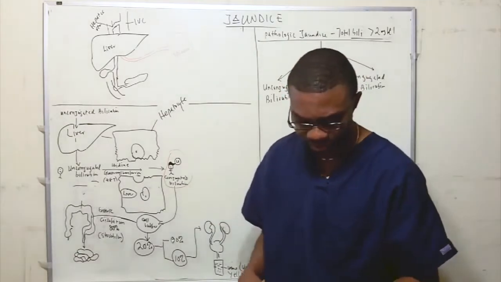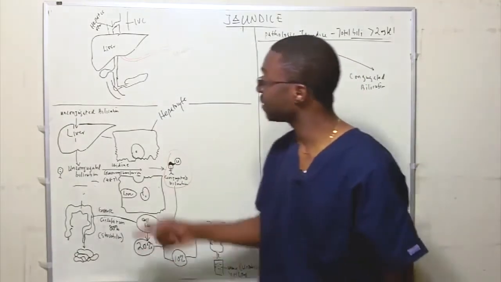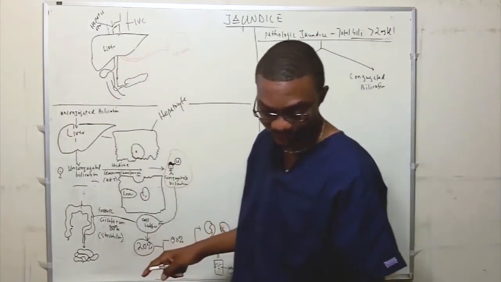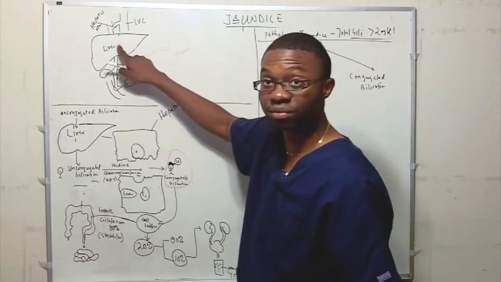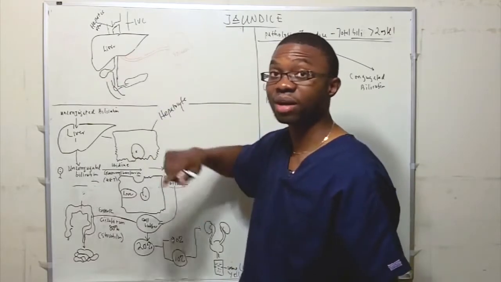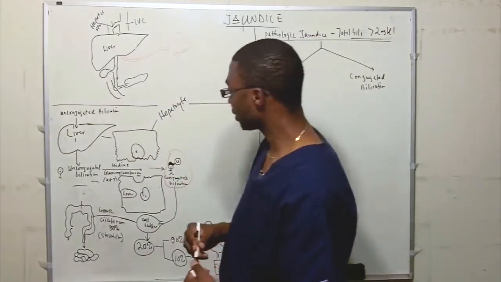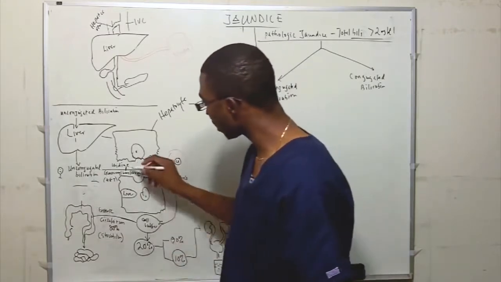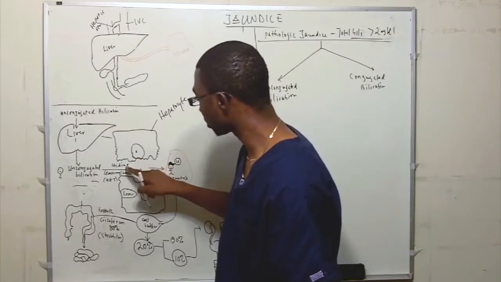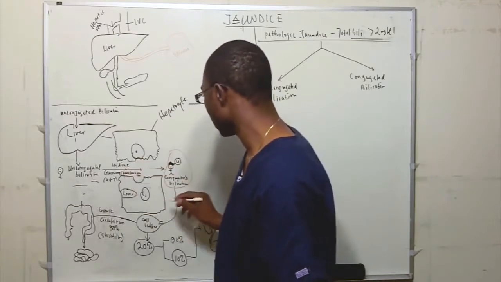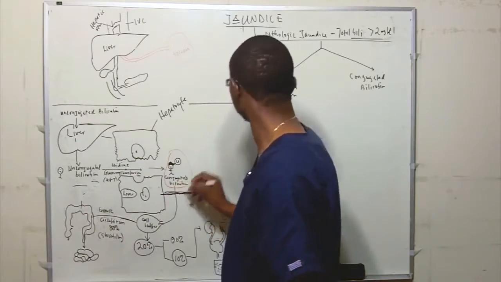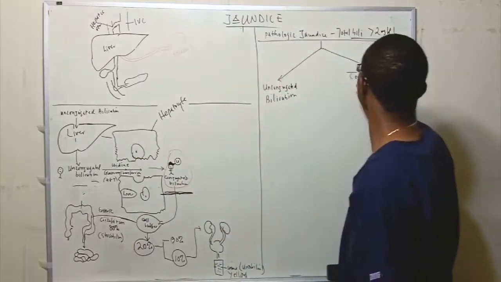That's two fancy names. What we are saying is, if there's decreased intrahepatic excretion of bilirubin out of the liver, you can have a lot of conjugated. If there's a problem here, that's where the problem is, because it's already conjugated. We're talking about conjugated here.